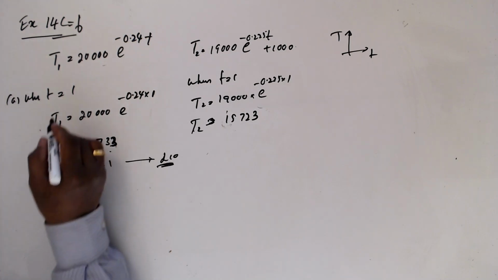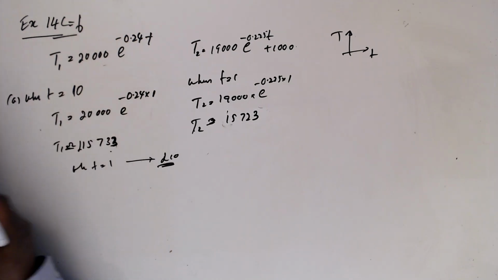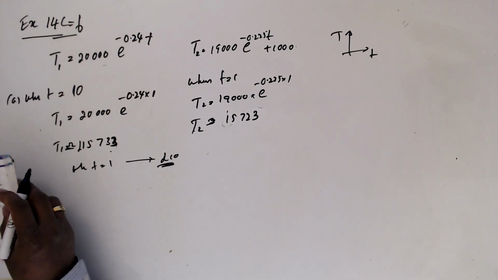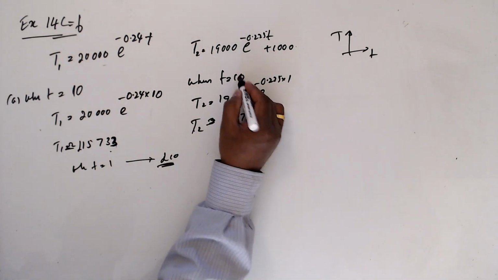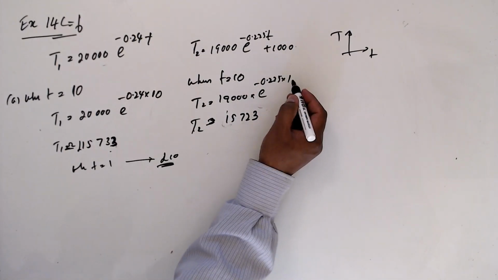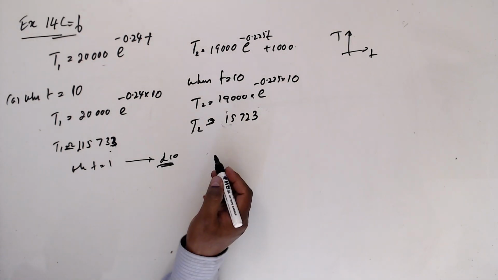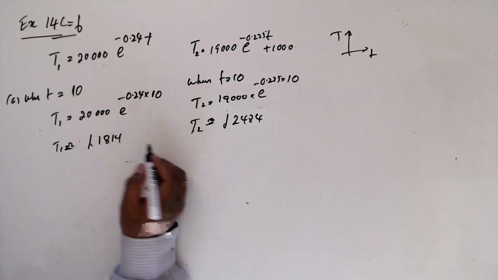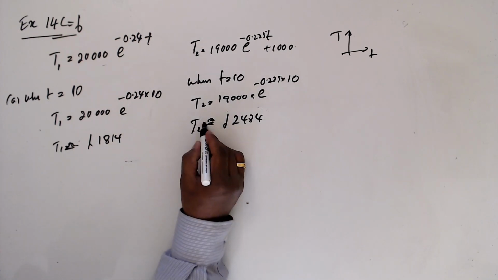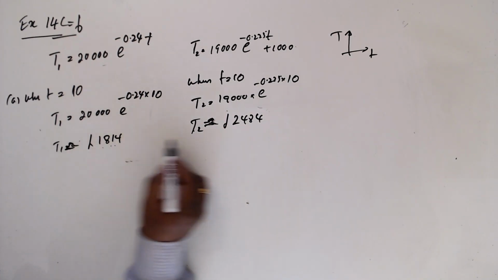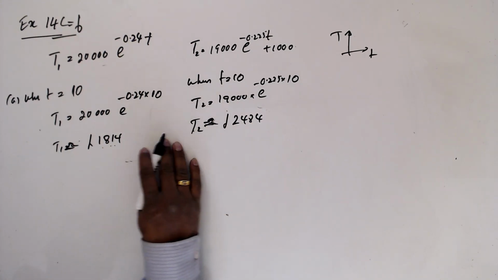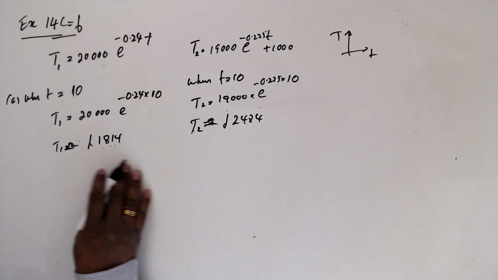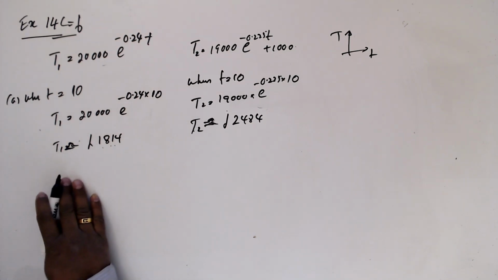Part B, we now want to calculate when T equals 10. Use each model to predict the value after 10 years. Compare your results. So T equals 10 in both. Those are the approximated values: 1,814 and 2,484. So model 2 predicts quite a large value. However, we don't know which one is right.